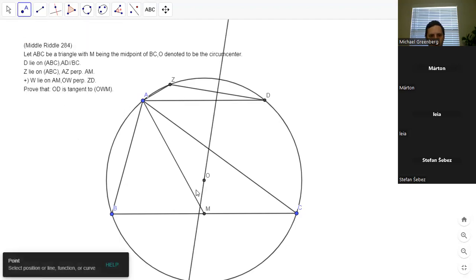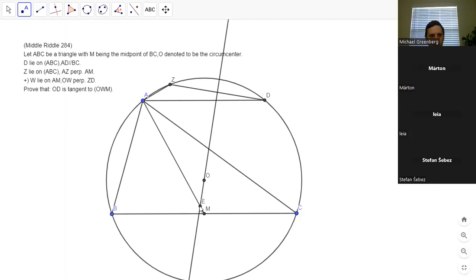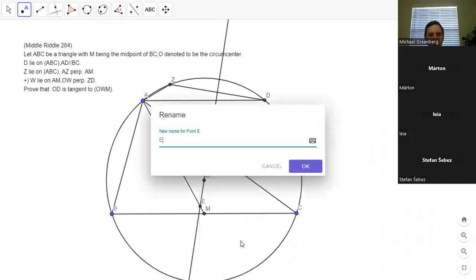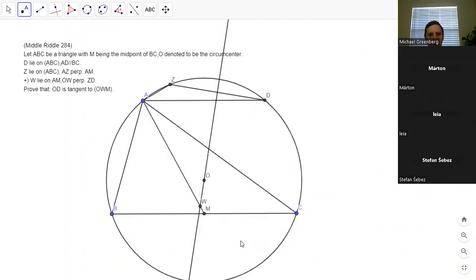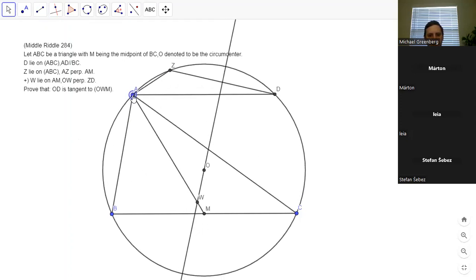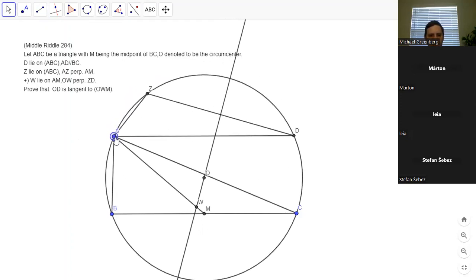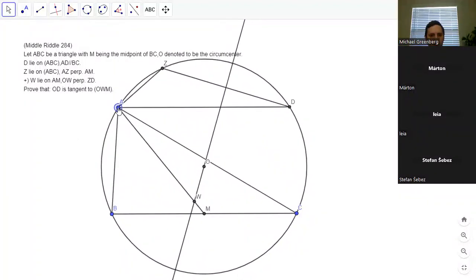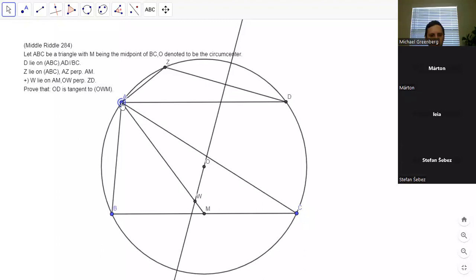And I'll make it look a little better in just a second. And we want to show that OD is tangent to the circle OWM now. So how do I get W to look a little better? Maybe that's okay.